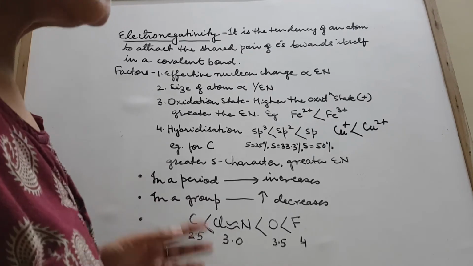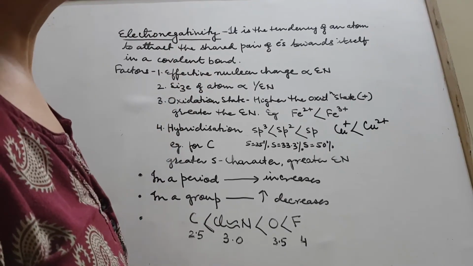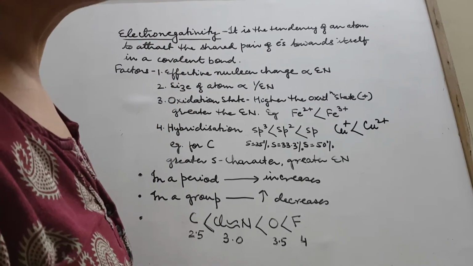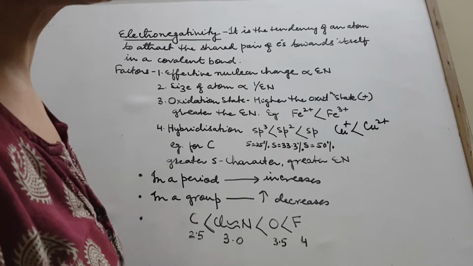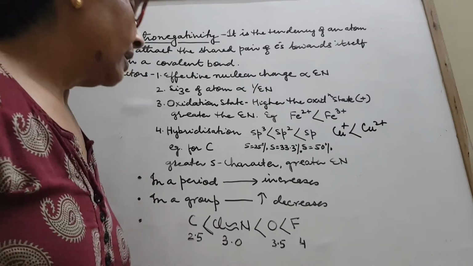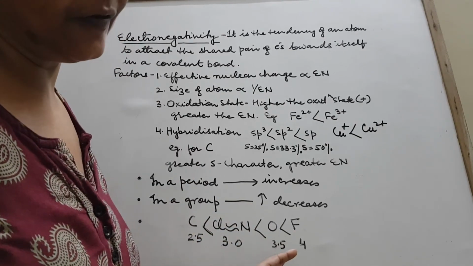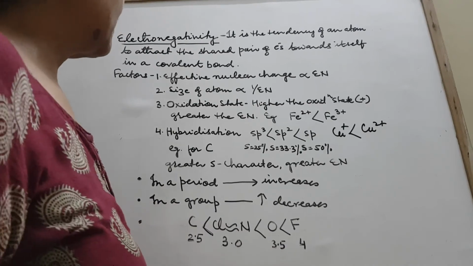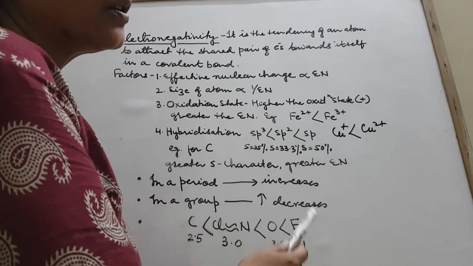This very high value of electronegativity and the small size of F make F the most reactive element known so far. This is all because of the very high electronegativity of F. So F is the most electronegative element known so far.